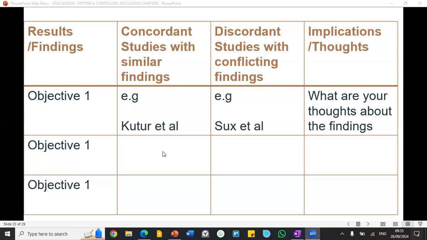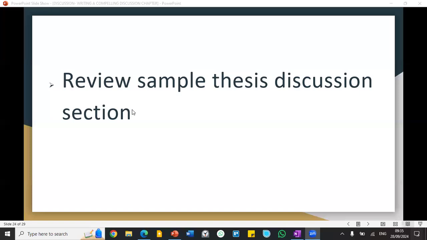This is what I said is your implication, and this happens after every paragraph where you are presenting your findings. So you say, yes, these findings were similar to this, but in the last part you express your thoughts. How do we interpret? You express the why in this case. I'll be showing you what makes a weak and a strong discussion. This is how we are going to distinguish them, by the last column where we express the implication of the findings.